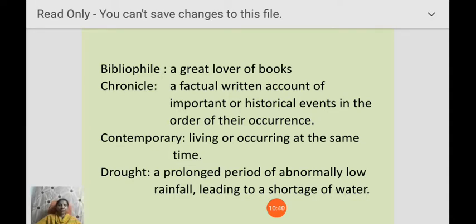Famine is more severe than drought. Here also there is no occurrence of rainfall, there is no production of food due to lack of agriculture, and there is a scarcity of food. So that is famine. Famine is more severe when compared to drought. In drought only there is a shortage of water. In famine there is a shortage of water, and a shortage of food also.